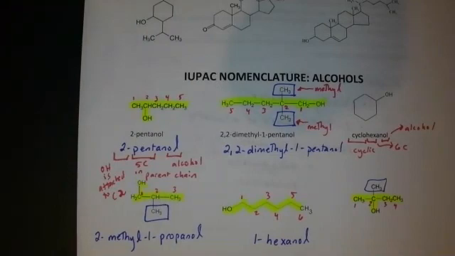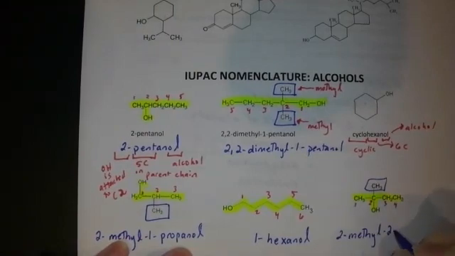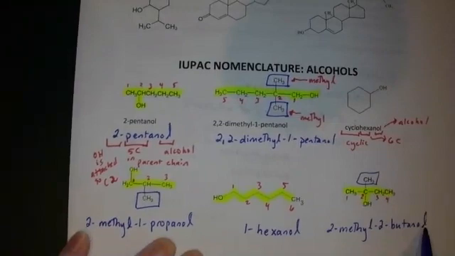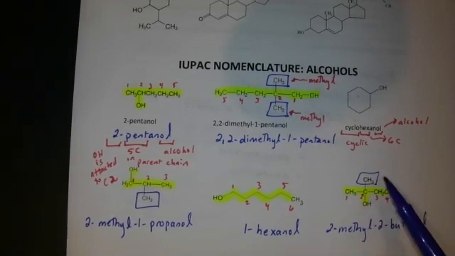So we would name this as 2-methyl-2-butanol. All because it's an alcohol, but because the longest chain contains 4, butanol. The 2 in front of butanol tells us that the alcohol is on carbon 2. 2-methyl tells us that there's a methyl group attached on carbon 2.